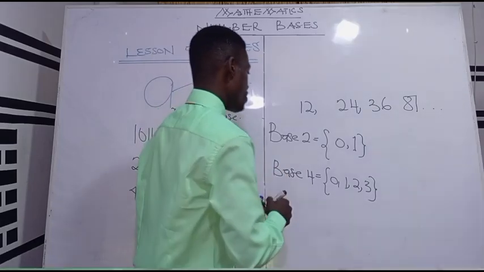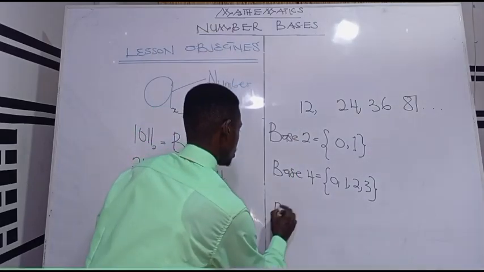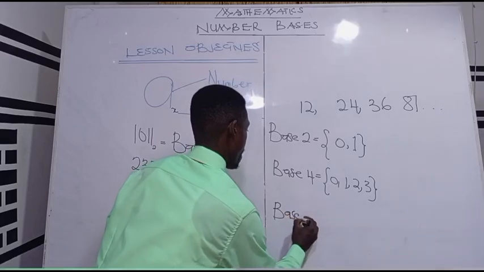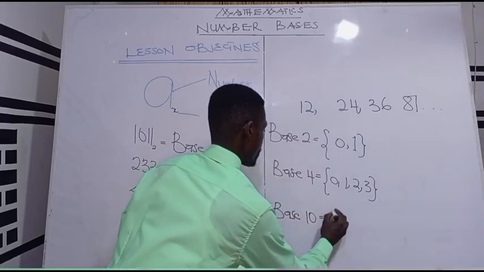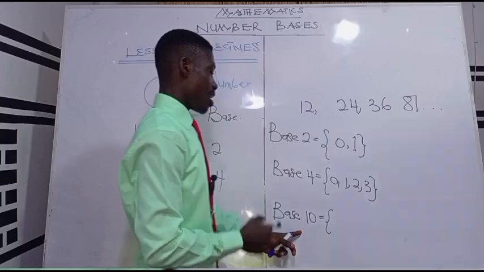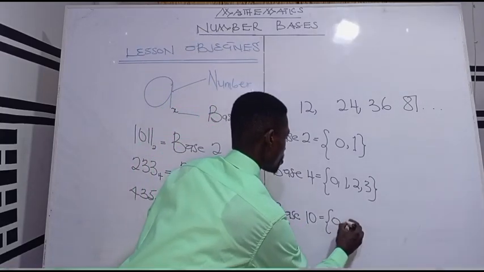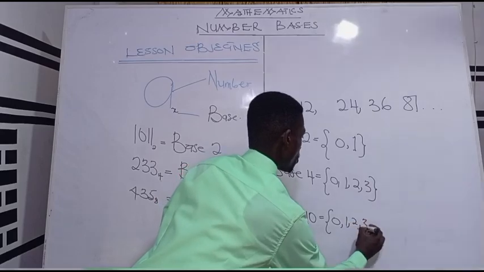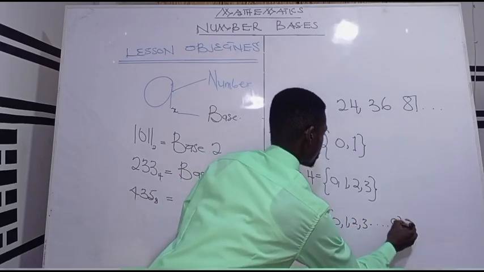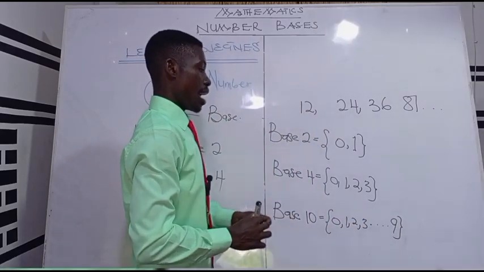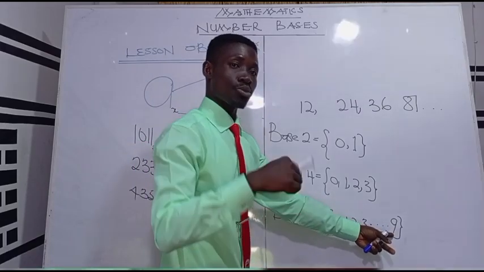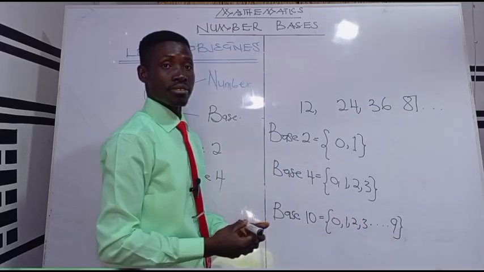So when you have a base 10 numeral, a base 10 numeral has 10 digits ranging from 0, 1, 2, 3, up to 9. So the highest digit, which is 9, is 1 less than the base itself.